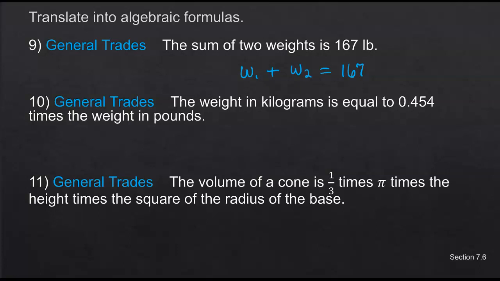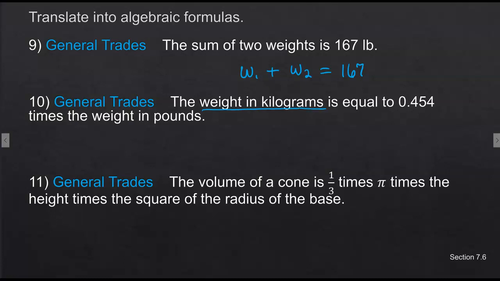Okay, the next one, number 10, general trades. The weight in kilograms is equal to 454 thousandths times the weight in pounds. So we have to maybe name these.